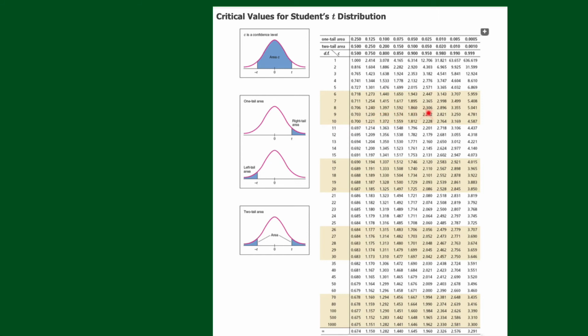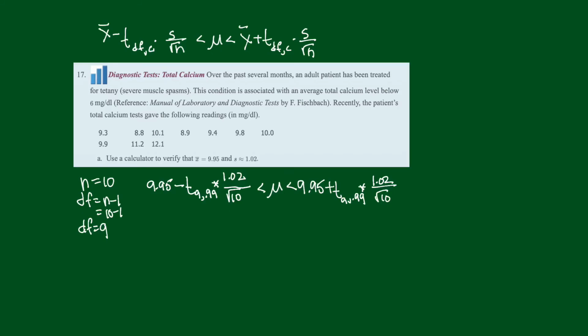I follow it over carefully. The very last one is 99.9%. We're at 99%. So I'm right here. And what do we get for 9? I think it's that one, 3.250. So I'm back out of the table, and I'm at 9.95 minus 3.250 times 1.02 over the square root of 10.